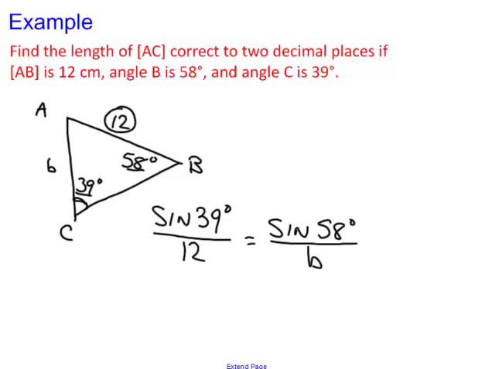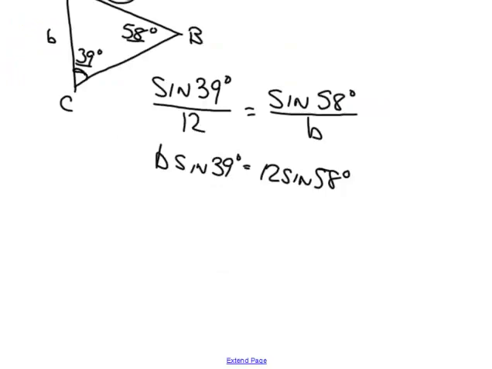So B times the sine of 39 equals 12 times the sine of 58 degrees. And solving for B, we get B equals 12 sine 58 over the sine of 39 degrees.